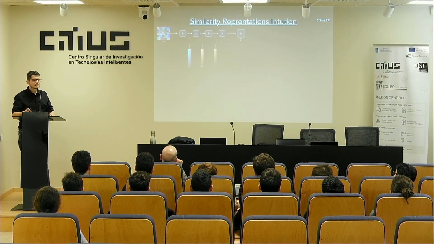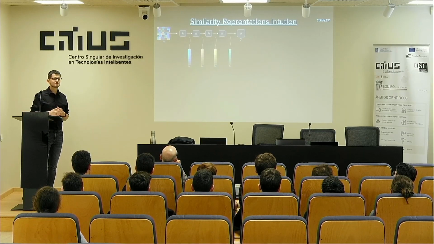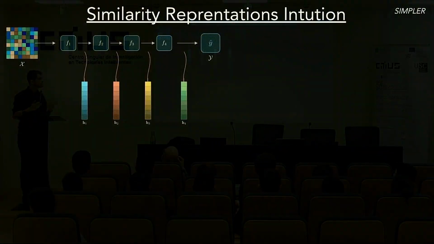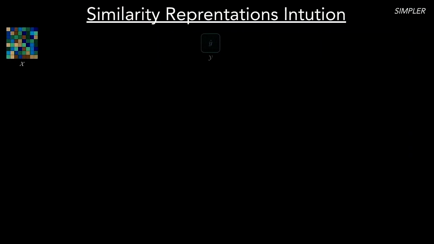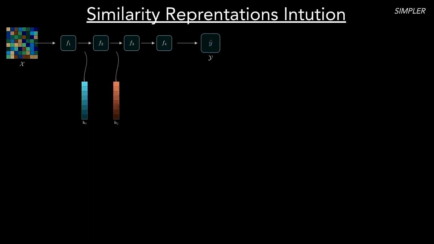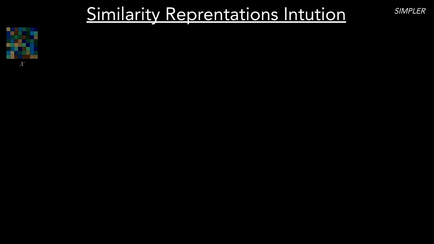So the idea is that for us, a foundational model is nothing more than a composition of numerical functions. So what we are going to do is interpret it in this sense. We have a domain, which is the input of our model, and a codomain, which is the output of our model.